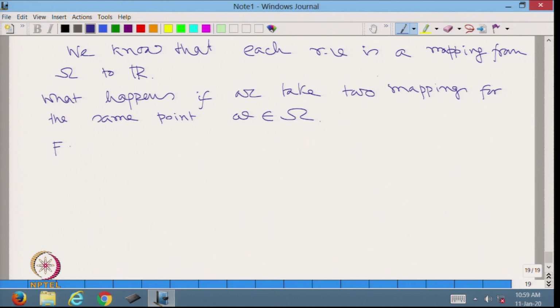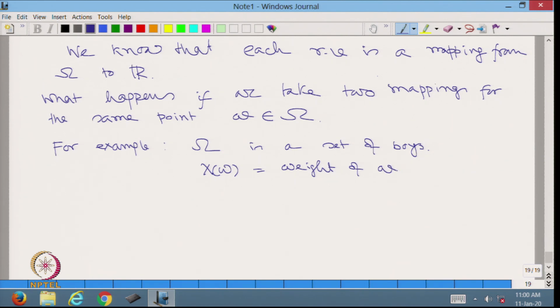For example, omega is a set of boys, and x omega is equal to weight of omega and y omega is equal to, say, height of omega.